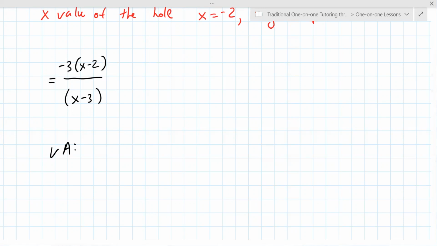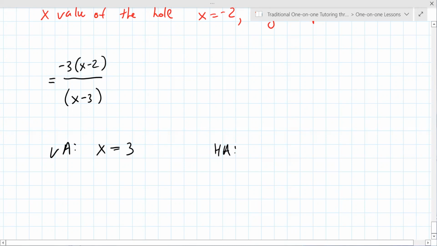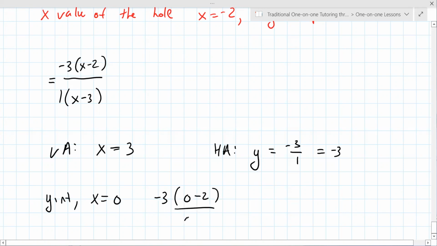It would be x equals 3. That's right. The horizontal asymptote is y equals -3/1 because there's really a 1 there. And then the y-intercept is putting x equals 0 in. 6/-3, which equals -2.